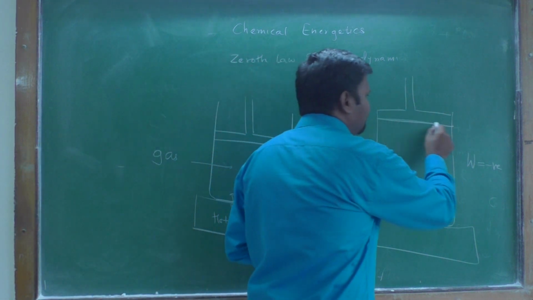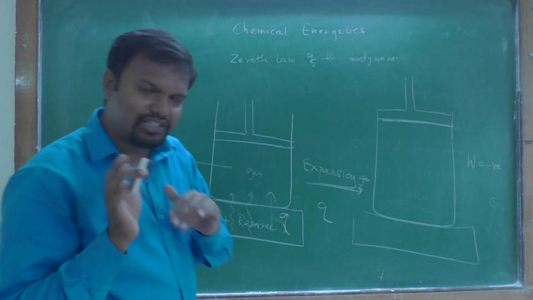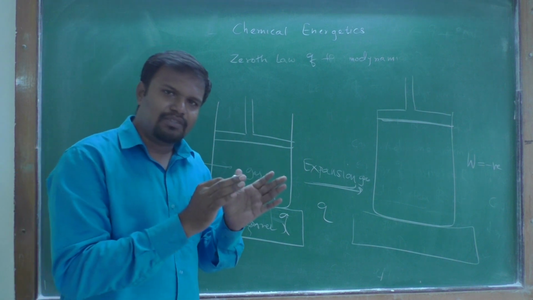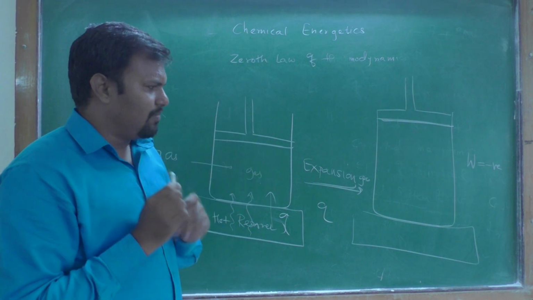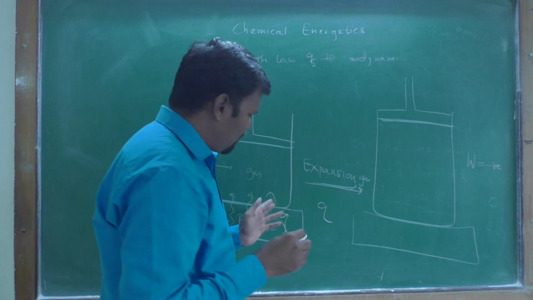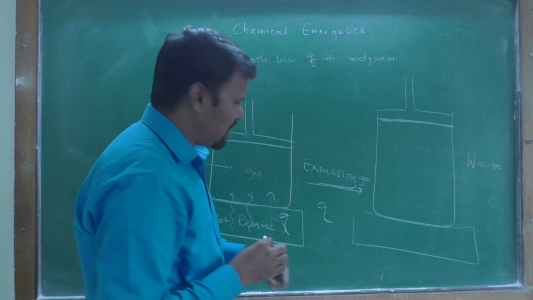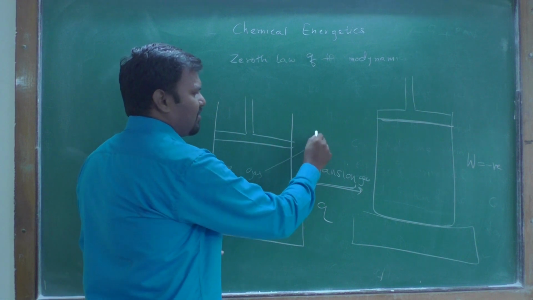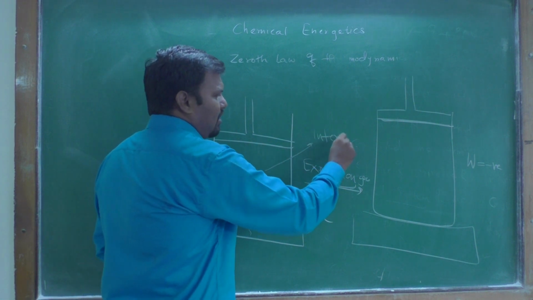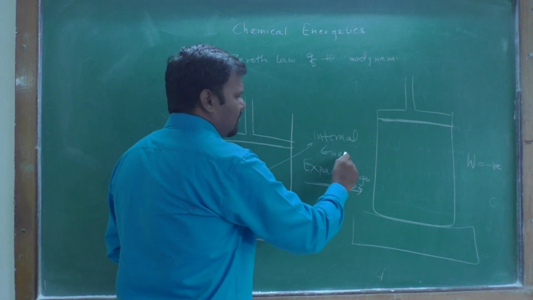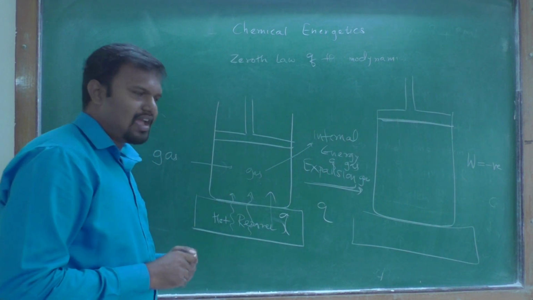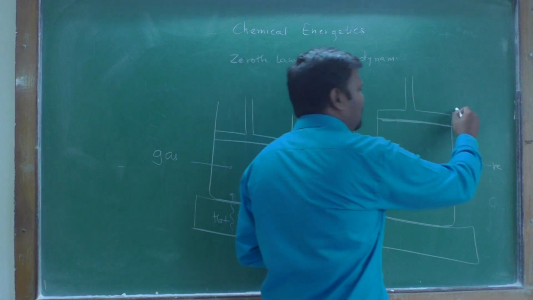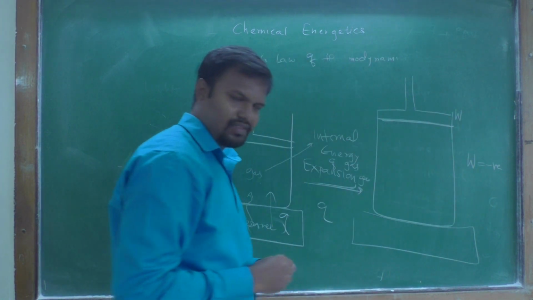Therefore, the piston is moved. If there is a displacement, then some work is done. So by providing heat, the internal energy of the gas increases, and due to the piston moving, some work is done.